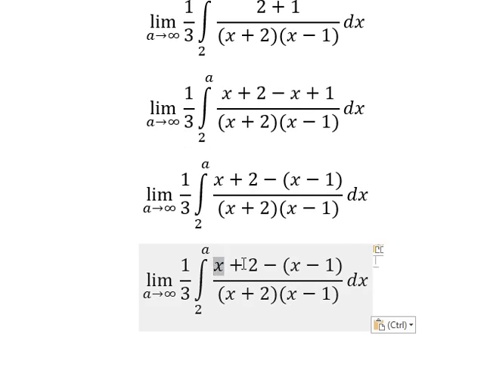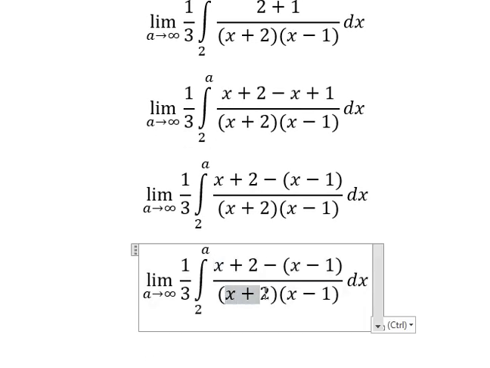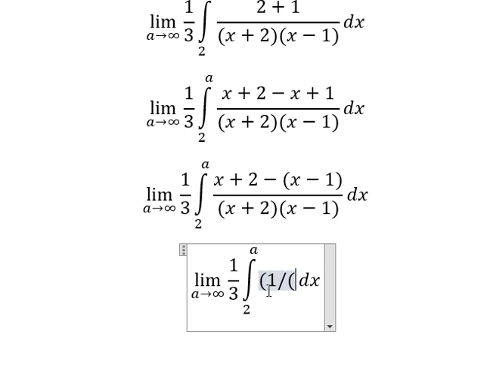So this one divided by this one, we have number 1: s minus number 1 divided by s minus number 1, you get number 1, and we have like this.